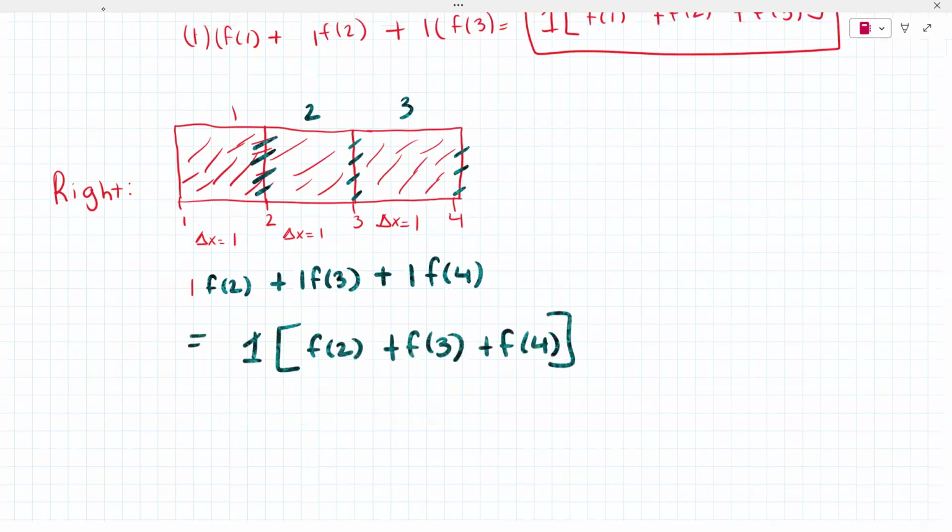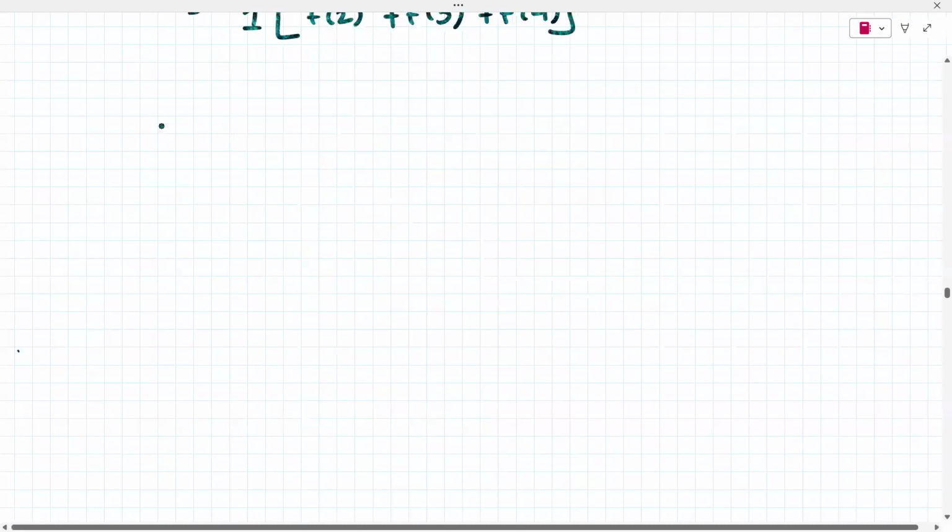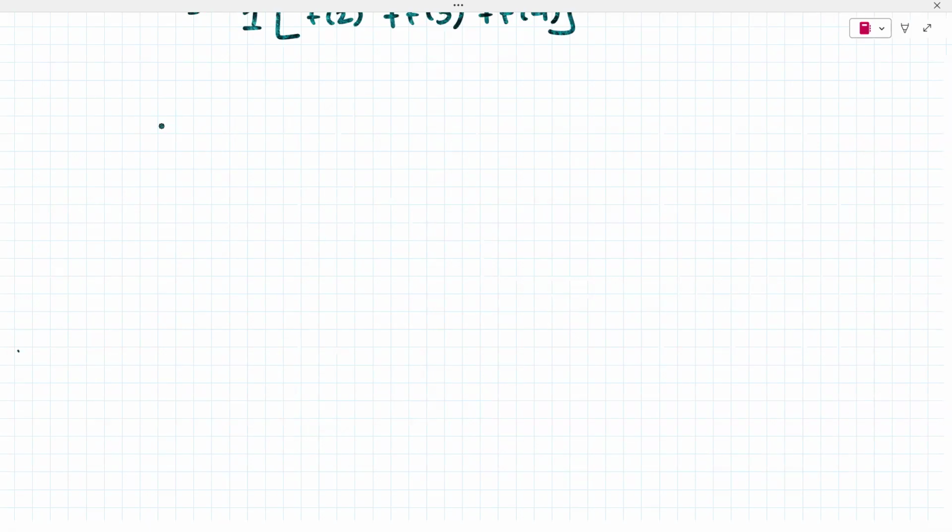And then the last method is trapezoidal. So 1, 2, 3, 4.